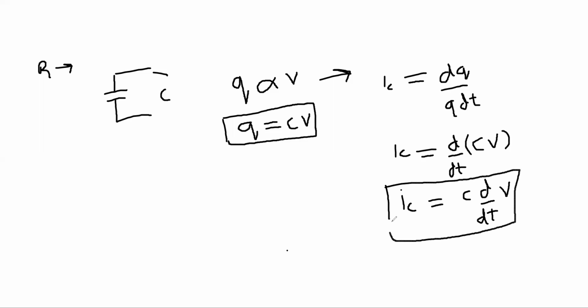Whenever the voltage across the capacitance and the value of the capacitor are given, you can find the current IC, which is given by this equation. From here we can also find the voltage across the capacitor.